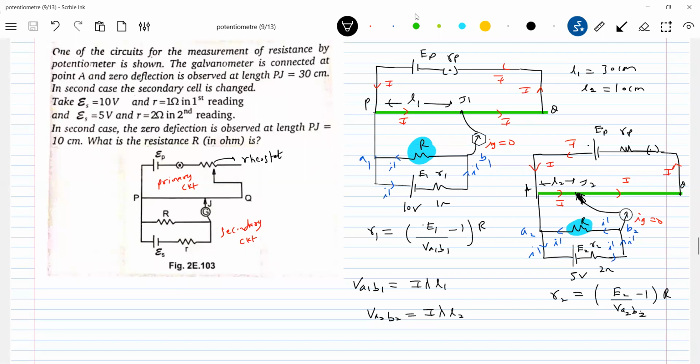Yes. After getting I lambda, again substitute. So what are the unknown things? I lambda and R. We have this set of equations. So first dividing these two, calculate I lambda. Then again substitute I lambda in any one of the equations, you get the required answer. So R1 by R2 is equal to E1.